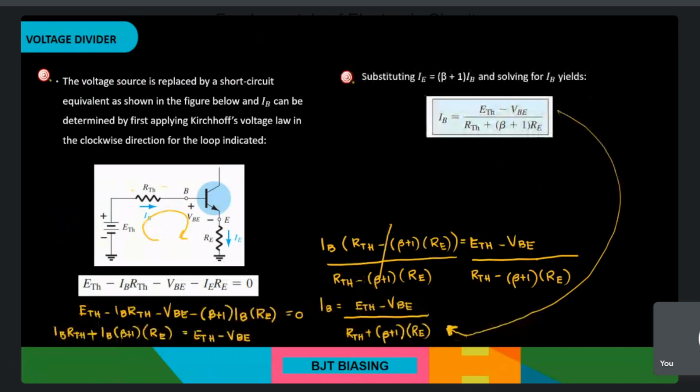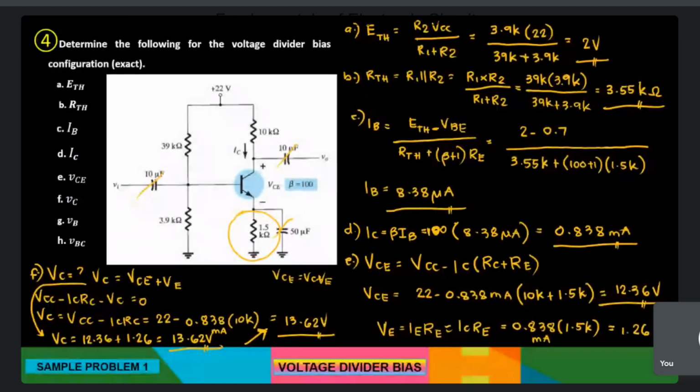That observation clearly shows that the circuit is not sensitive to the change of our beta. So the voltage divider bias here is beta independent. Follow?